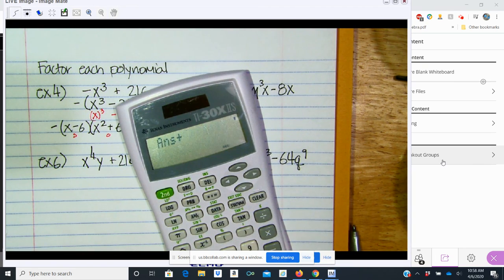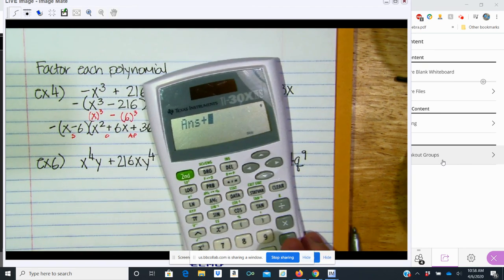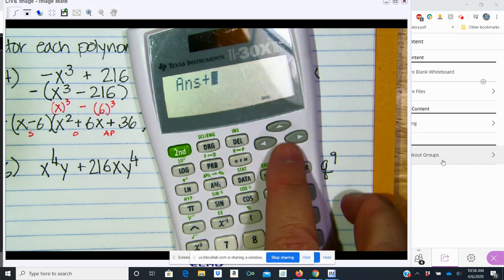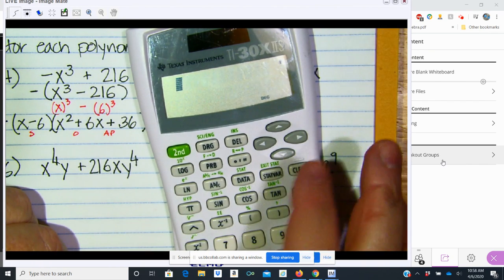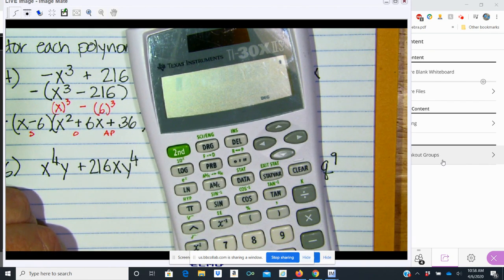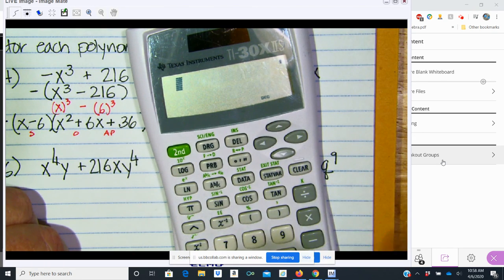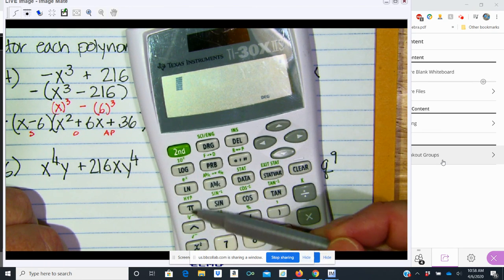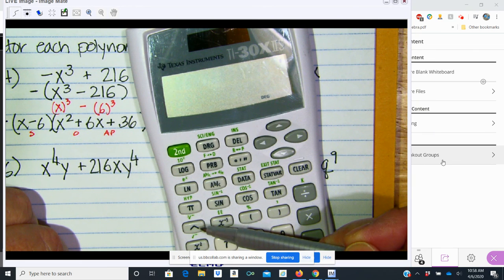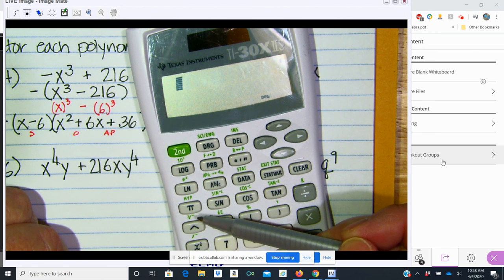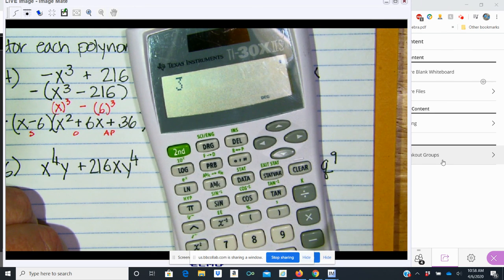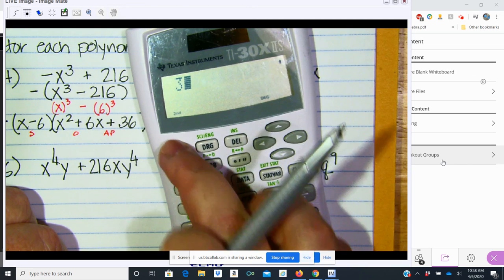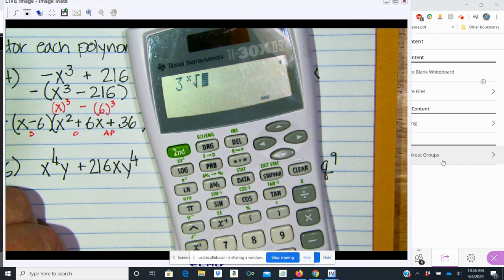Cube root. Okay. So in the first column, above the chevron key, since I need the third root or cube root, I'm going to hit my 3 first, then second chevron, and then 216.